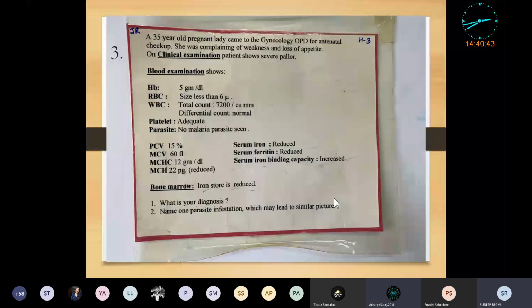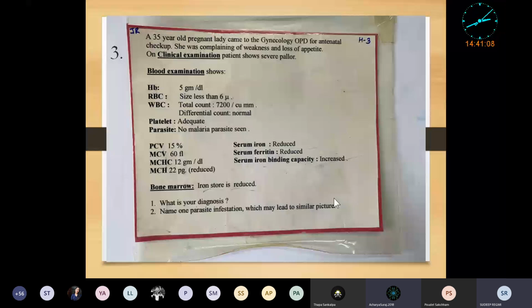And it can be due to parasitic infections like hookworm, tapeworm, roundworm. Skin manifestations like urticaria, dermatitis, pemphigus.